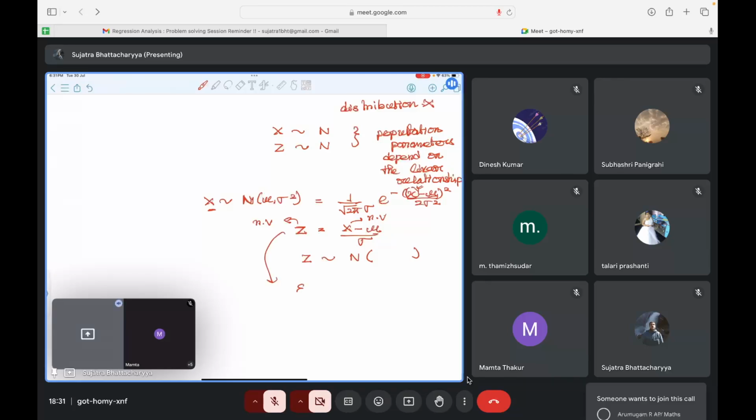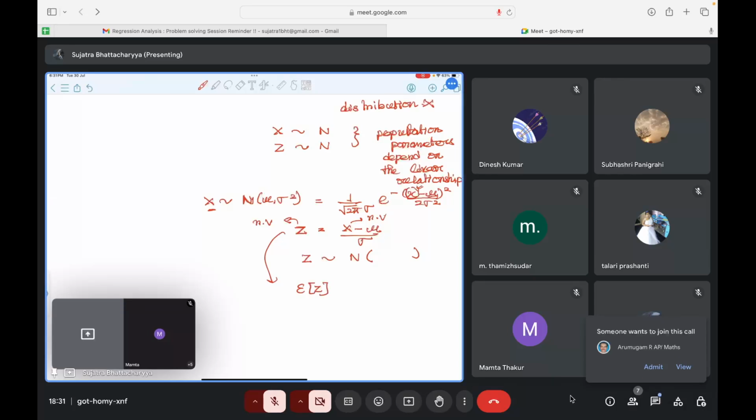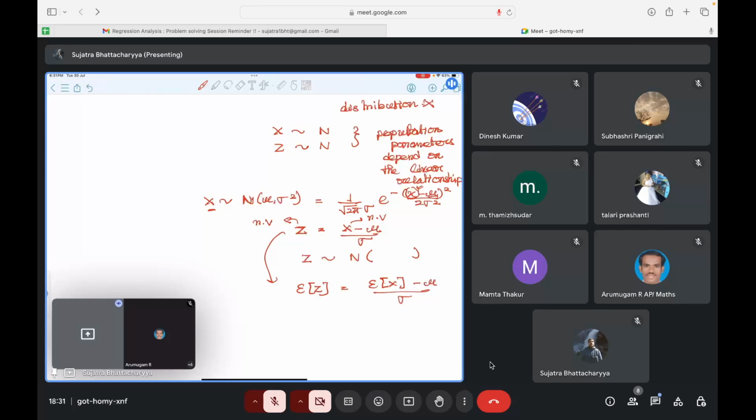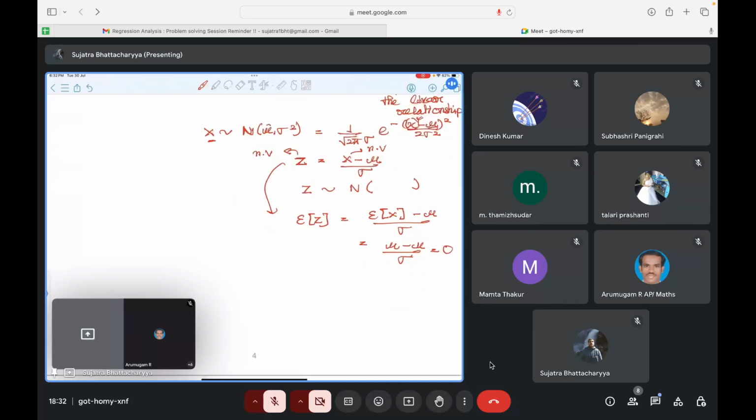Just find out the expectation value of z. What will it be? E of x minus mu by sigma. E of x is what? Expectation value of x is what? Same, the population parameter or population mean, that is nothing but mu minus mu divided by sigma. So this becomes 0.